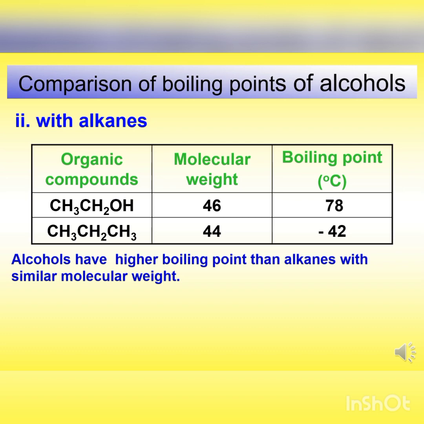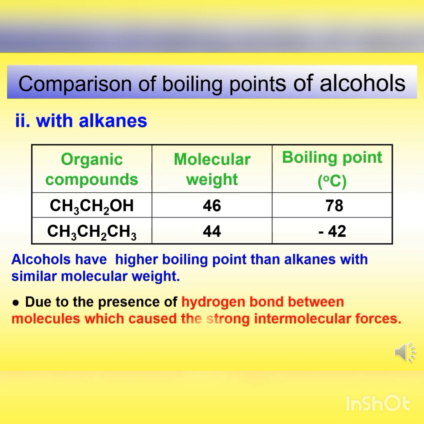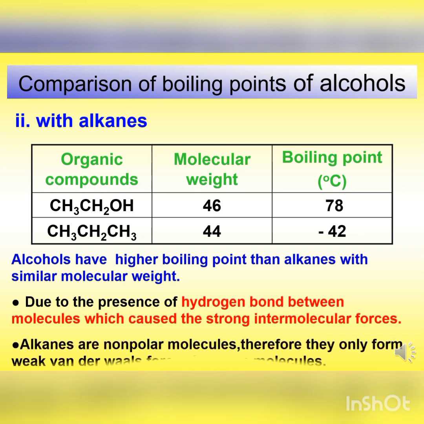What we can explain is alcohol has a higher boiling point than alkanes with similar molecular weight because of the presence of hydrogen bonds between molecules. It will cause strong intermolecular forces. Alkanes are nonpolar molecules. Therefore, they only form weak van der Waals forces between molecules.